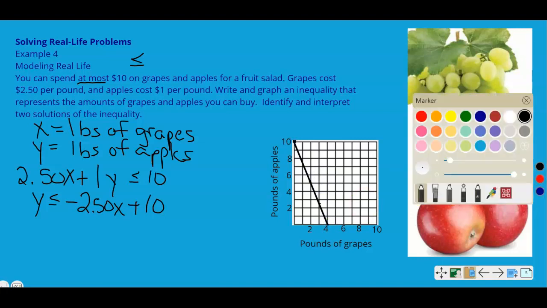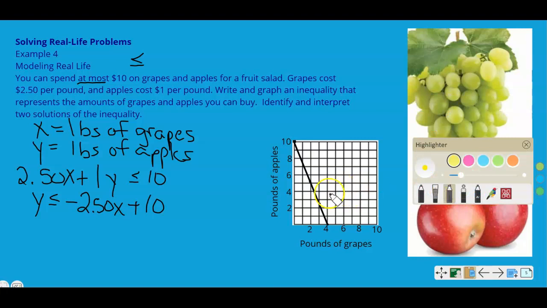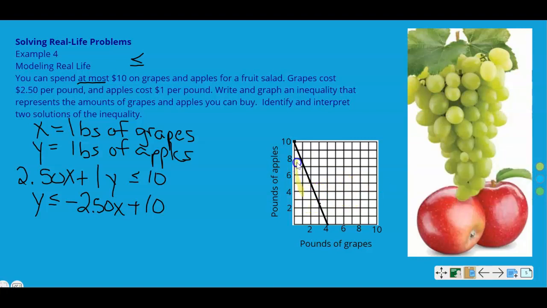And then our solution would be all of the points that are in here. Now remember, X represents the pounds of grapes, and Y represents the pounds of apples that we are talking about.